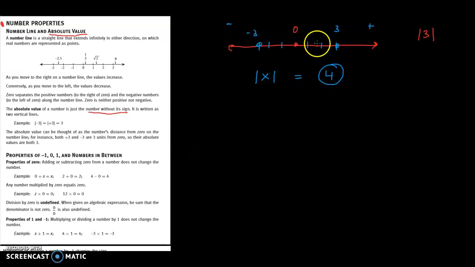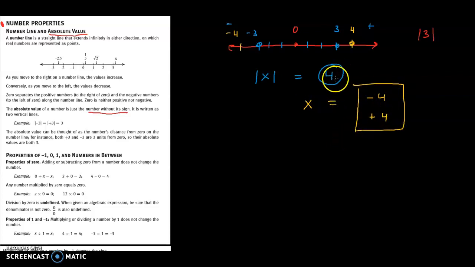I could be right here, or I could be right here. So the translation is that x has to be equal to either negative 4 or positive 4, because either one of those positions is exactly 4 jumps away from 0.